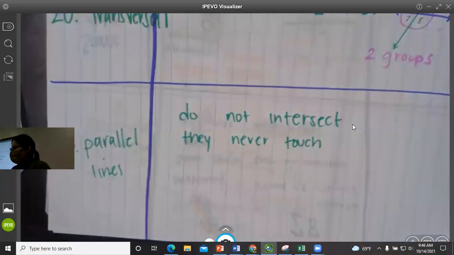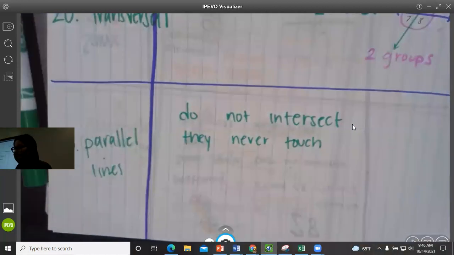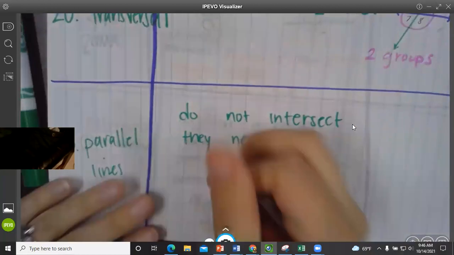Ever, like ever, they will never intersect. They're running in the same direction, same angle, so they never cross.